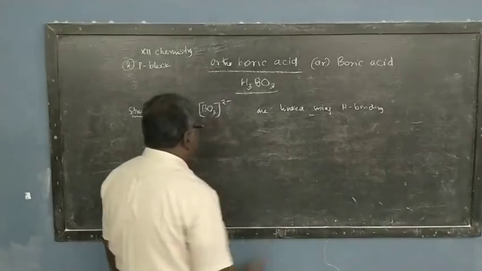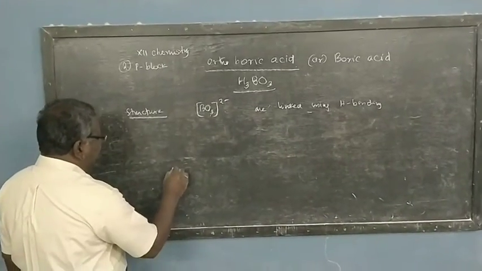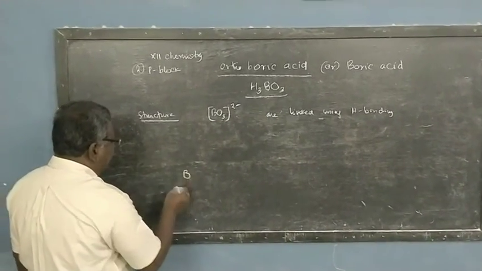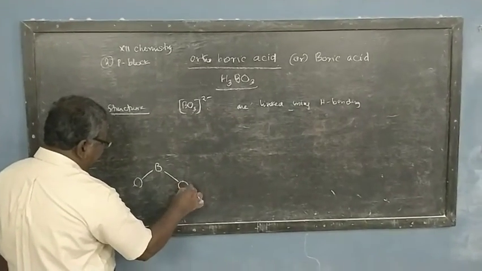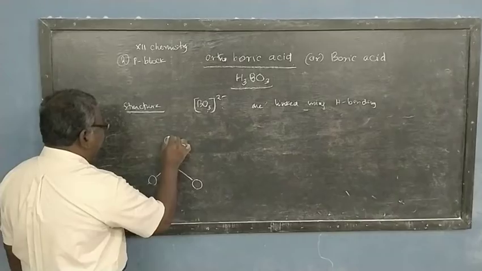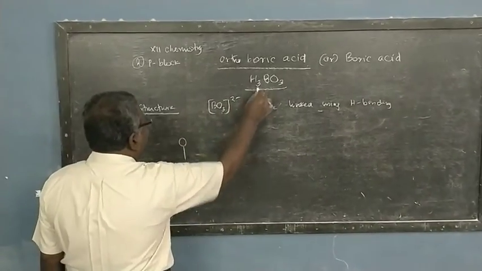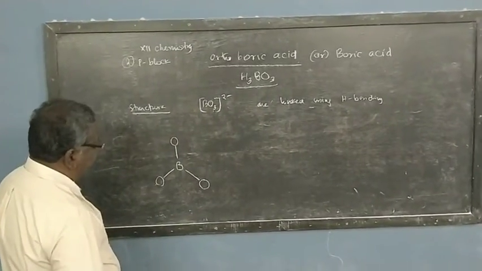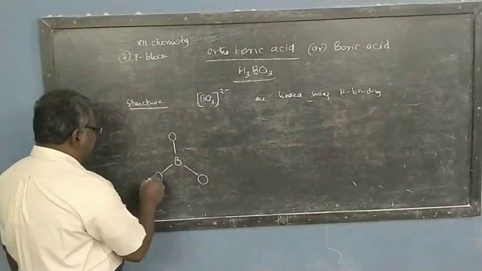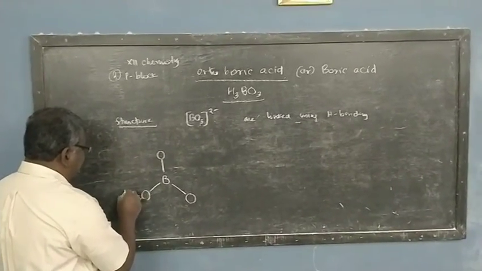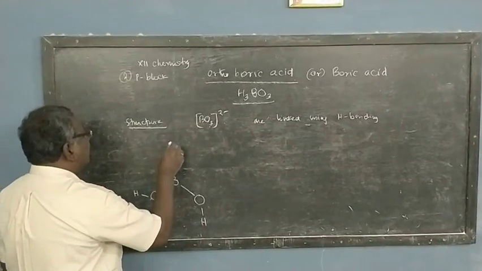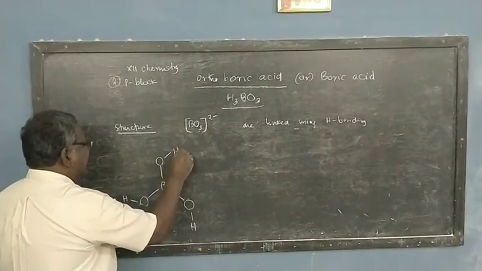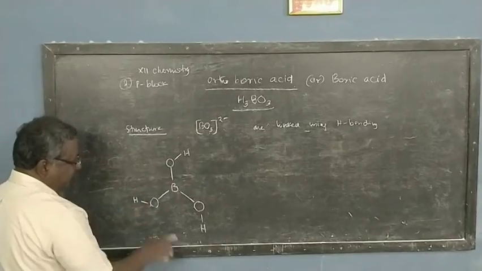Right? This is very important. So we have boron in the middle. There will be 1 oxygen here, 1 oxygen here, 1 oxygen here. Now how many hydrogens will there be? 3 hydrogens, right? So 1 hydrogen is placed like this, 1 hydrogen like this, and 1 hydrogen like this. So this is 1 boric acid.